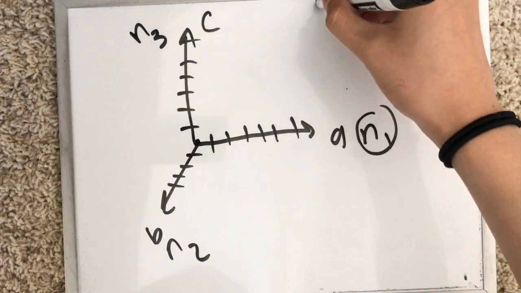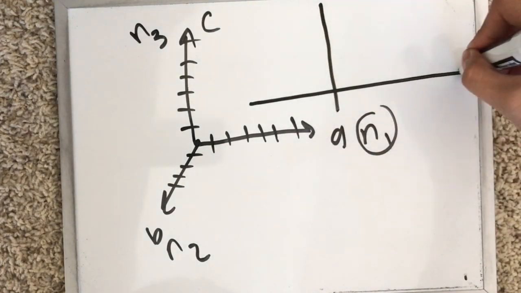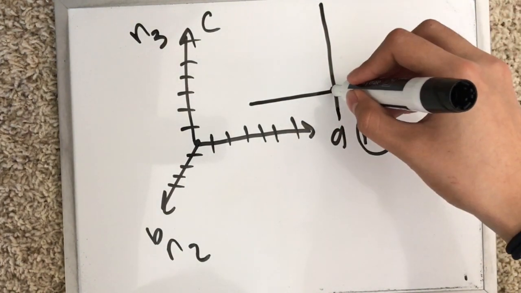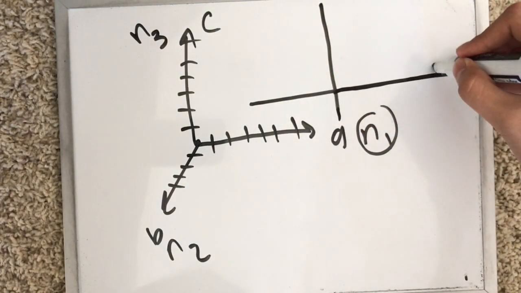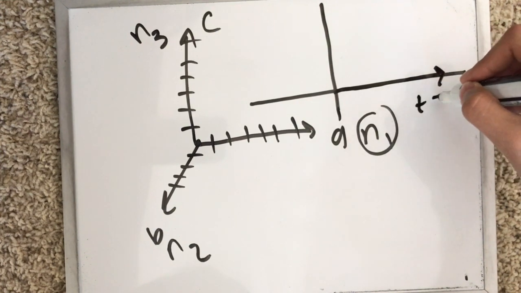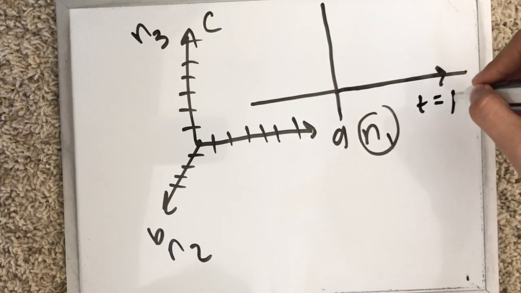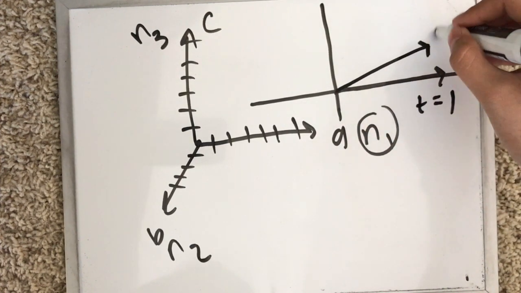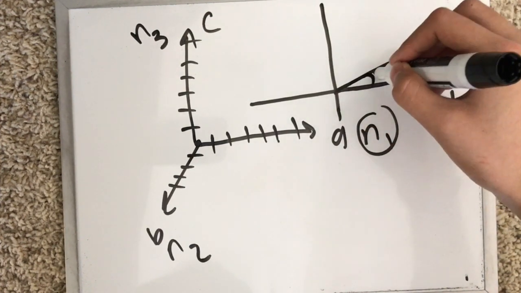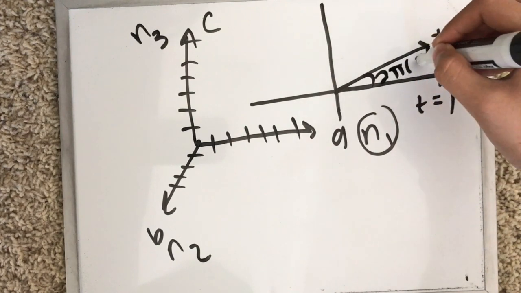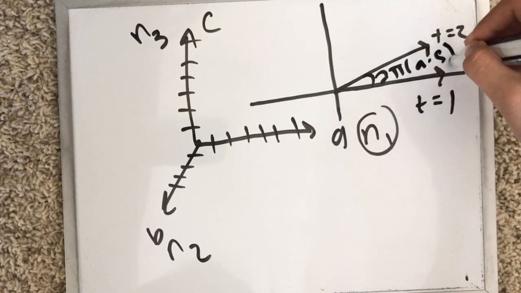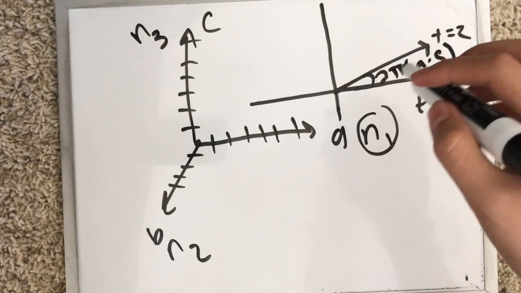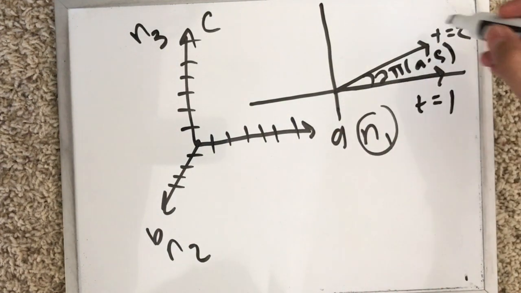So if you draw this in an Argand diagram, you have scattering. It can either be perfectly on the x-axis, T1. This just represents the scattering by one unit cell. And another one can be slightly out of phase. This can be T2 and can be displaced by 2 pi times the dot product of A and S. And I'll explain S. S is the scattering vector, which is perpendicular to the lattice plane.